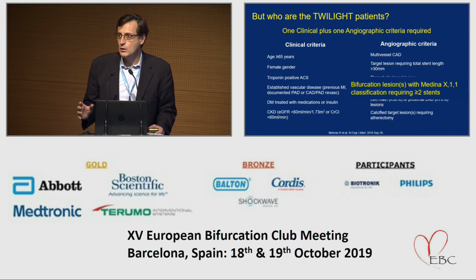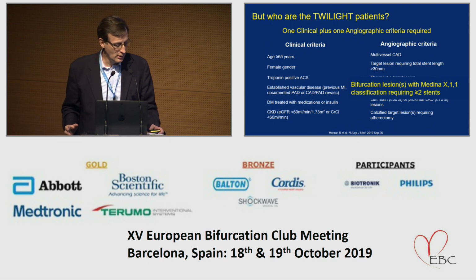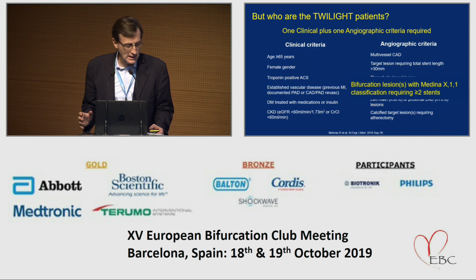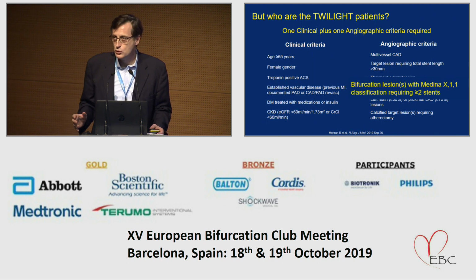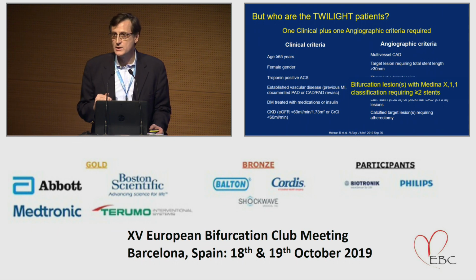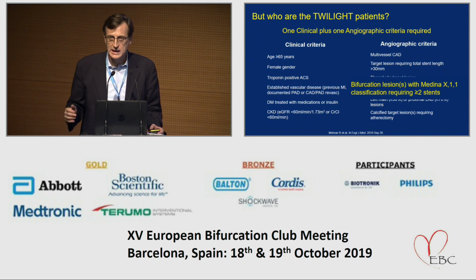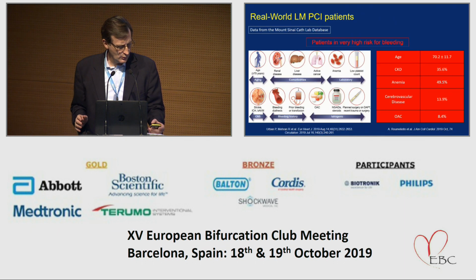And indeed, it looks like the patient we're talking about may be included here: bifurcation lesions with high-level Medina, including 2 stents. So there we go. Some of those patients we're discussing are covered in this very recent study that indicated that we don't really need a whole lot of duration overall. I think we covered that as well.